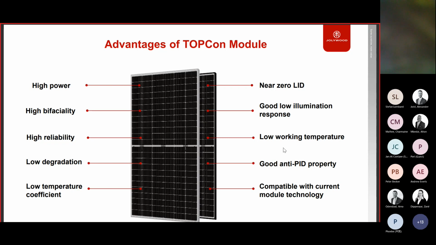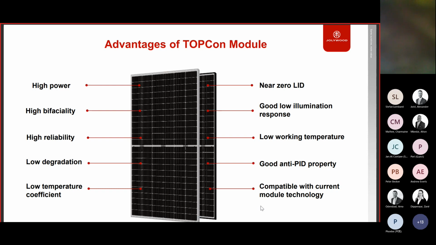I think the most important point when compared with HJT is that TOPCon modules are compatible with current module technology. As we know, HJT is not compatible with current module technology. When we want to produce HJT modules, we need to invest in new facilities and production lines.